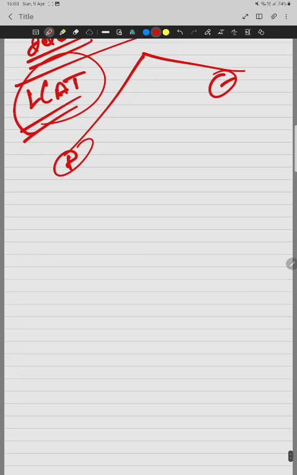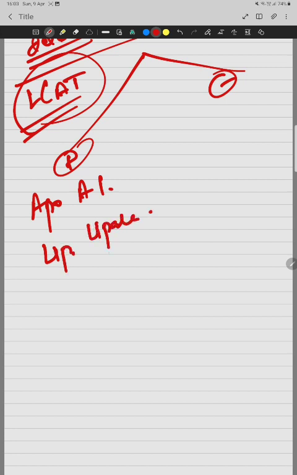So activation of your LCAT is by ApoA1, and your lipoprotein lipase is activated by ApoA1, C1, C2. This you should be remembering. So this is for activating your LCAT.